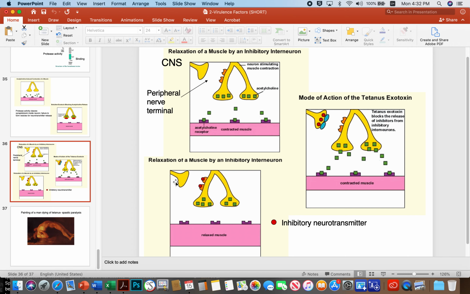Then the inhibitor will produce its gamma aminobutyric acid, which transiently blocks acetylcholine so you can get contraction and relaxation. But tetanus toxin will bind to this inhibitor neuron and block the release of the inhibitor. As a result, you get constant stimulation through uninhibited acetylcholine release, and that results in a constant contracted state.